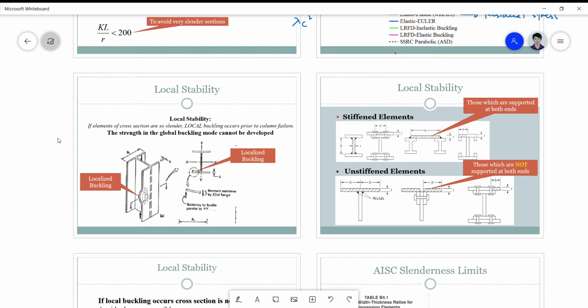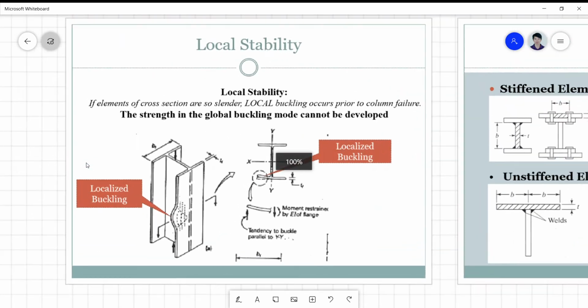Let's look over to local stability failure. So local stability actually happens when the elements of a cross-section are so slender such that local buckling occurs prior to the column failure, okay?